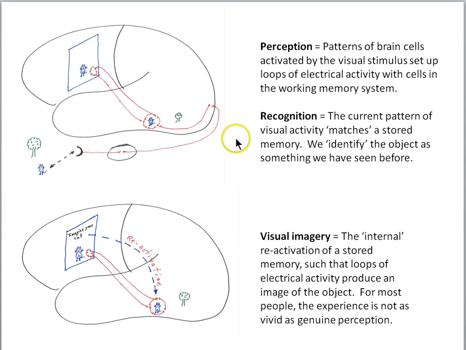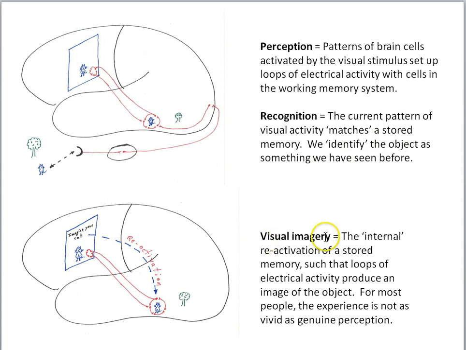So with our understanding of working memory as loops of neural activity, we can understand the following. Perception. What is it? Patterns of brain cells activated by the visual stimulus set up loops of electrical activity with cells in the working memory system. Recognition. What do we mean by that? The current pattern of visual activity matches a stored memory, and so then we identify the object as something we have seen before.